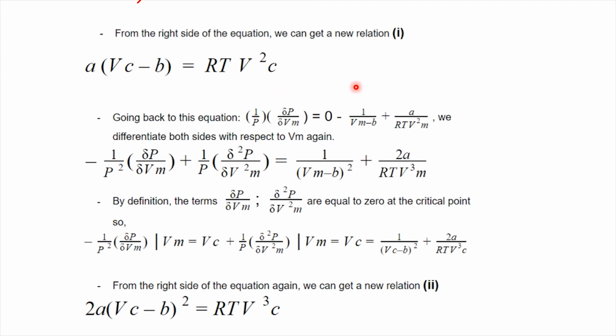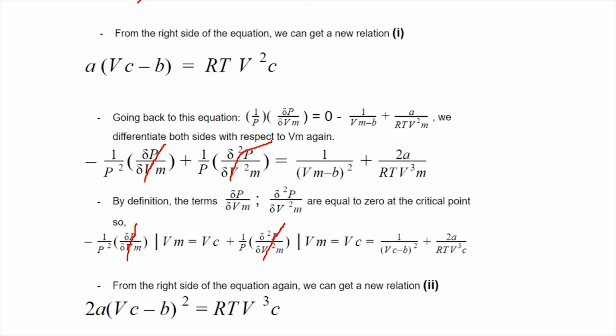Now going back to this equation, we differentiate both sides with respect to Vm again, and we get this equation. Now by definition again, these two terms at the critical volume are equal to 0.